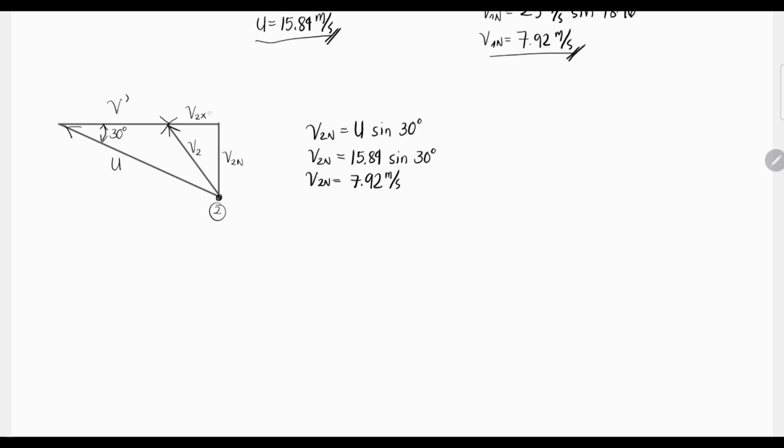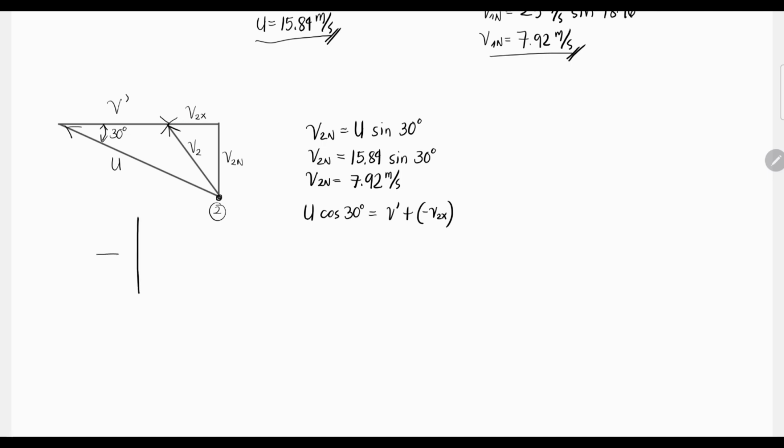meters per second. Same with the value of V1N at point 1. Now, to solve for the value of our V2X, our solution is U cosine 30 degrees and then ano yung adjacent sa kanya. So, ang adjacent sa 30 degree ay itong part na to. Itong part na to. So, that is V prime plus negative V2X. So, bakit negative V2X? Kasi V2X is towards the left.